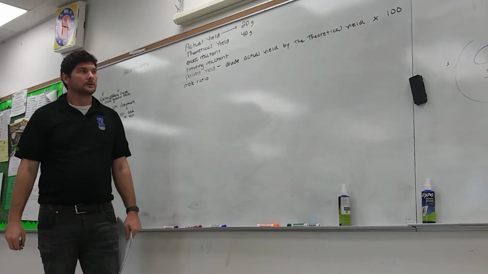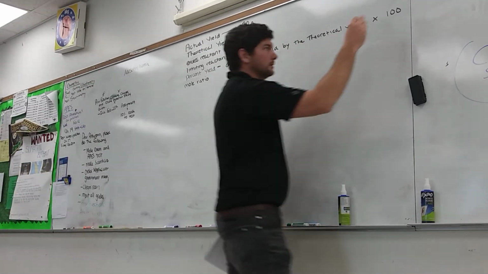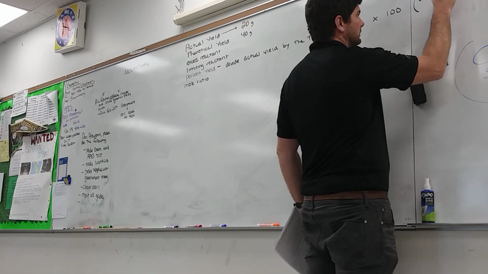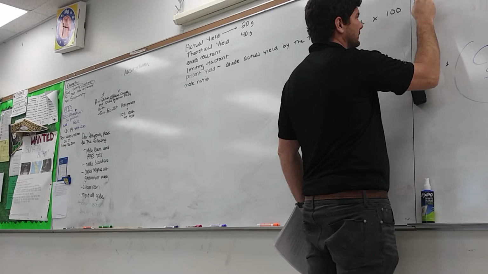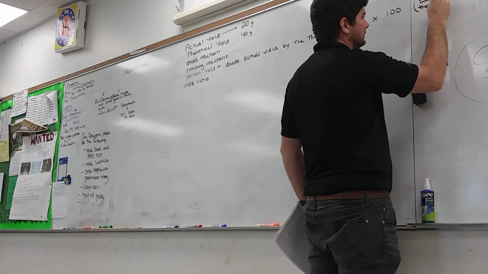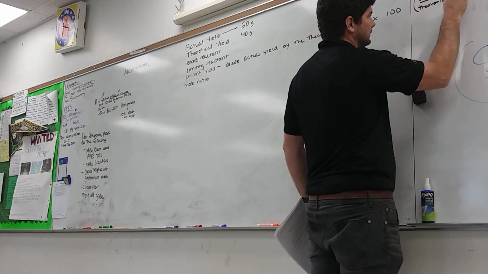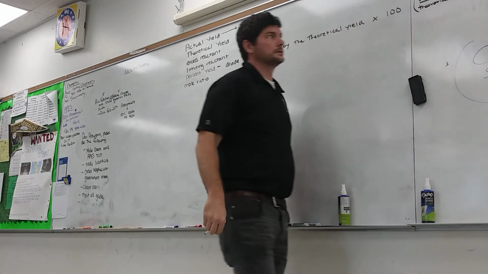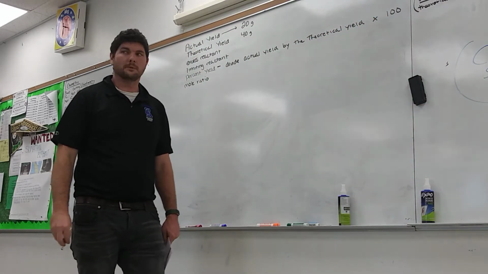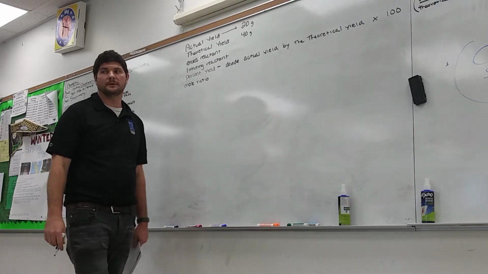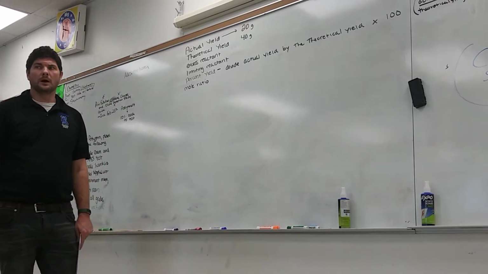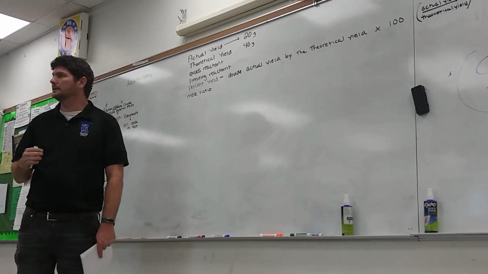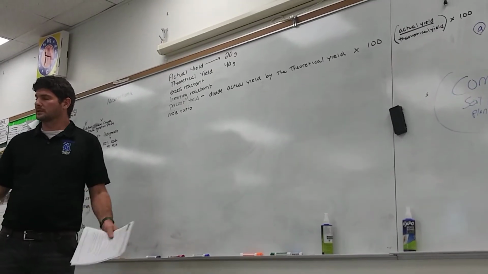So literally, actual yield divided by theoretical yield times 100. And that would always give you the percent yield. On one of the questions on the test, I give you the actual yield and the theoretical yield, and you just have to know what to do with them.